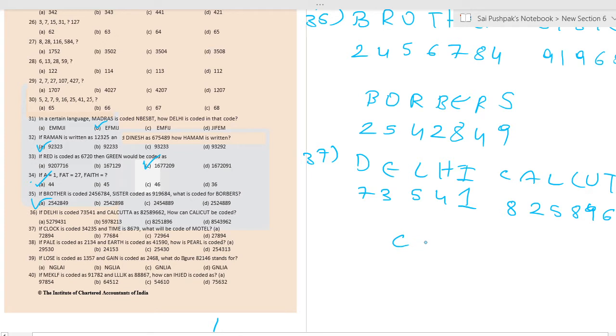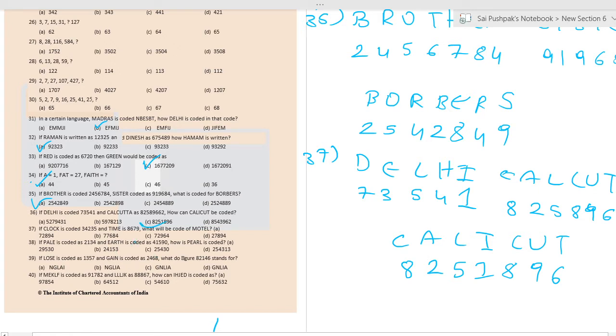What is Calicut? CALI. So what is the value of C here? C is 8, and next A. A is 2, L is 5, I is 1, C is 8, U is 9, T is 6. Okay. 8251896.